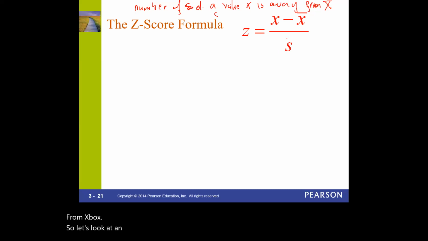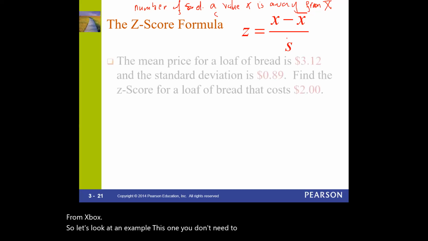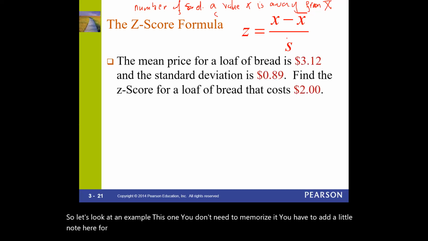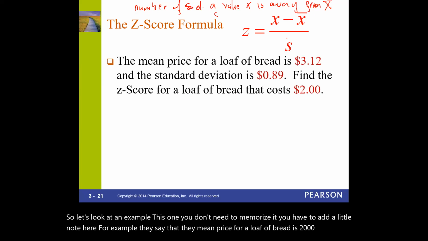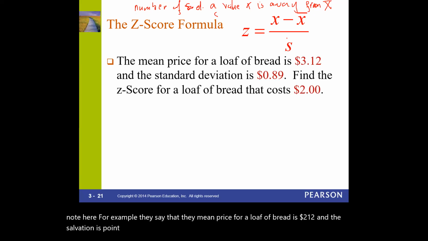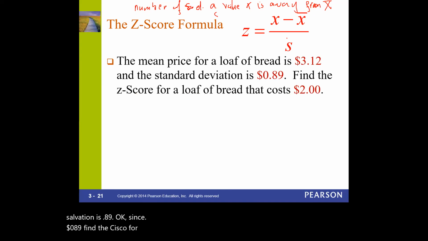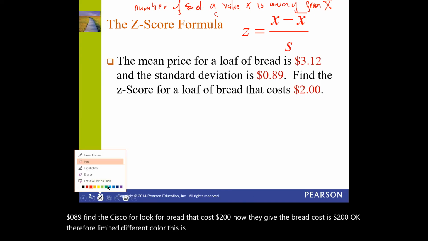Okay, so let's look at an example. This one, you don't need to memorize it. You just have to write a little note. Here, for example, they say that the mean price for a loaf of bread is $3.12, and the standard deviation is 0.89, 89 cents. Find the z-score for a loaf of bread that costs $2. So they give it that the bread cost is $2.